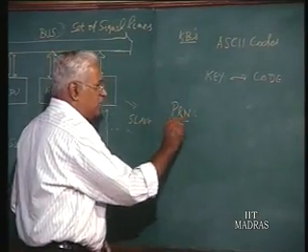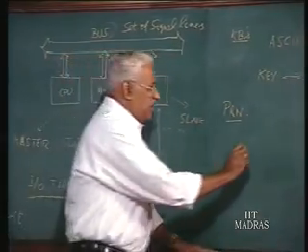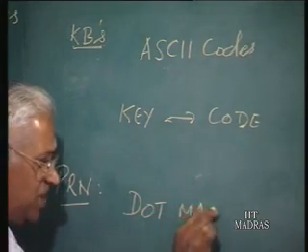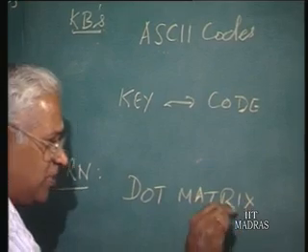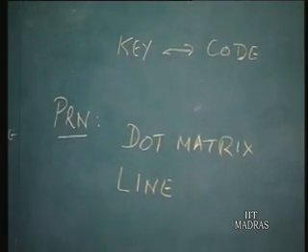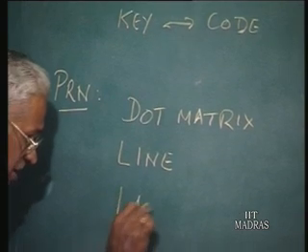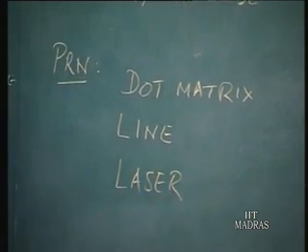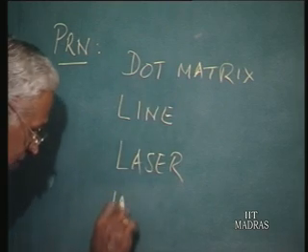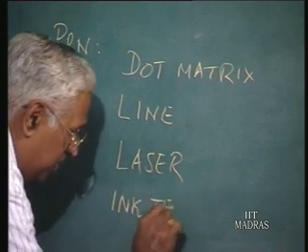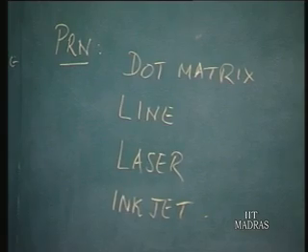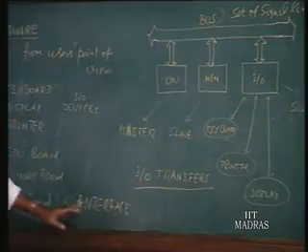Now, the printer may be again different types, so just to give a few: there may be a dot matrix printer, there may be a line printer, there may be a laser printer, then there may be an inkjet printer. Now, depending upon these types of printers, again the appropriate interface circuitry is needed.